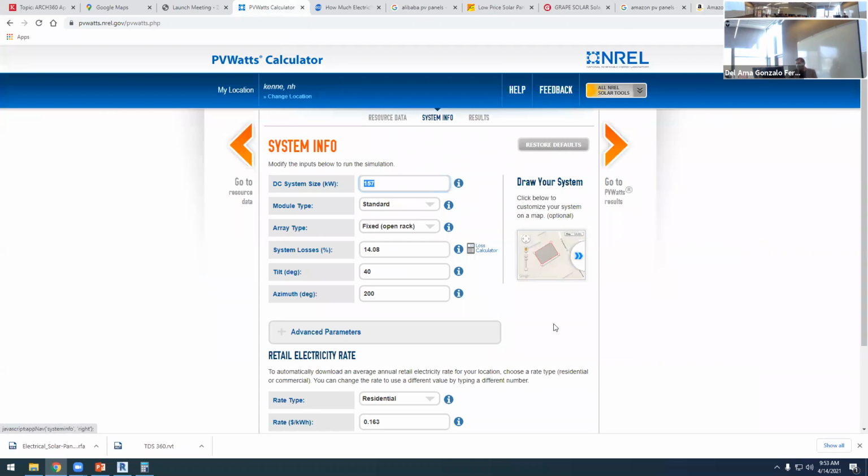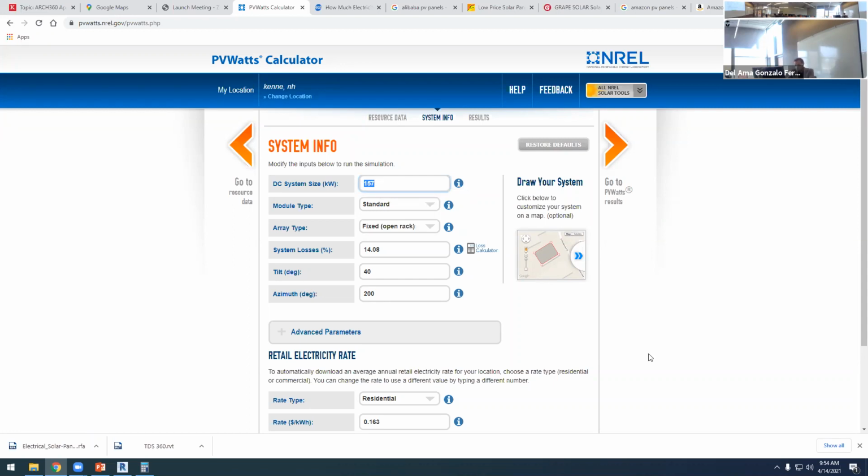So now let's compare how we can work with PVWatts. This is what you are going to do in the test, in the quiz today. Okay, so you have to become familiar with PVWatts. And first, we need the DC system size. This can be the outcome, or it can be the data.